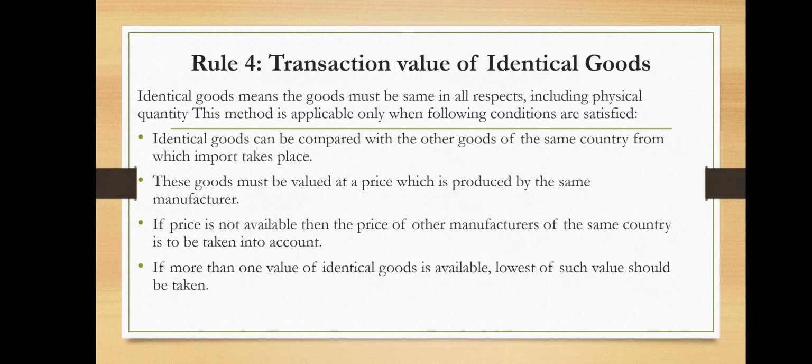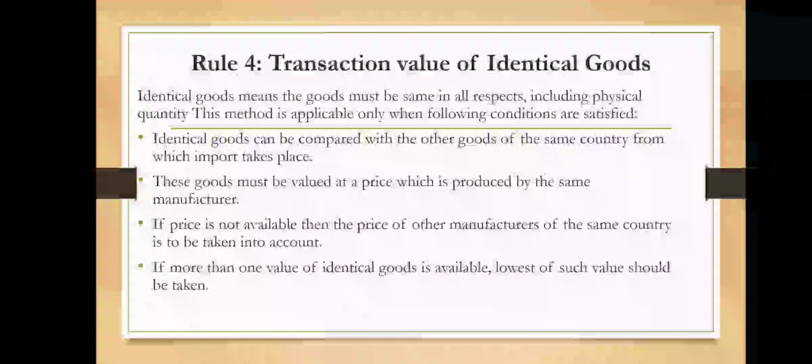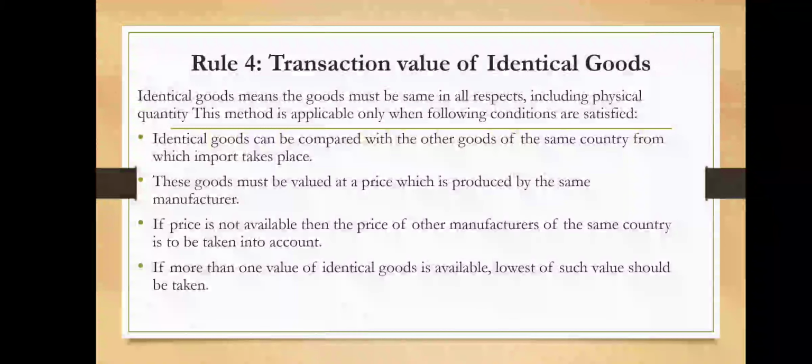One more condition is that if more than one value of identical goods is available, you need to take the nearest value of the quantity, that is, the lowest such value should be taken.